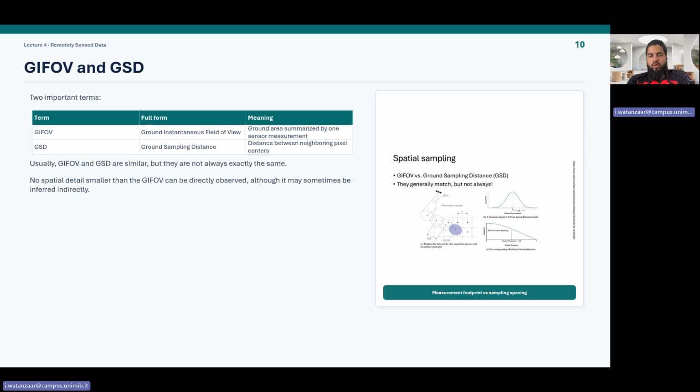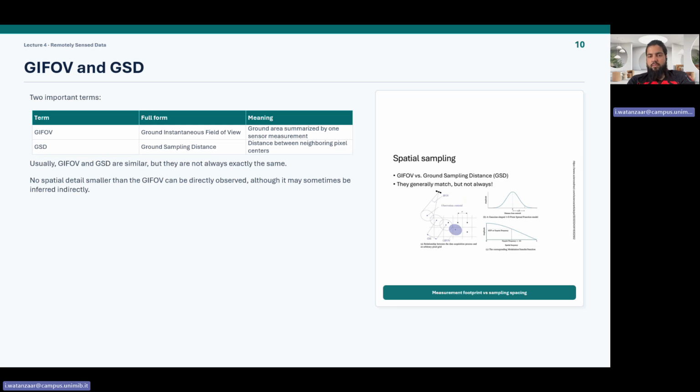The related term is GSD, the ground sampling distance, the distance between neighboring pixel centers. Both are almost the same. Usually GIFOV and GSD are similar, but not always exactly the same, so there is a chance they are different.